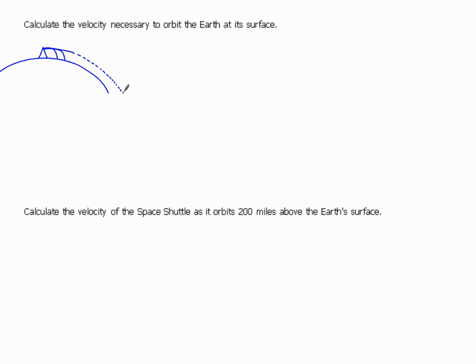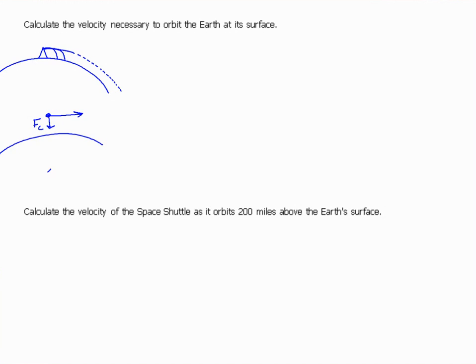And so what we're looking at here, here's the centripetal force. The direction is inward towards the center of the Earth. And here is the velocity of this object, and it is in a direction tangent to the circle.